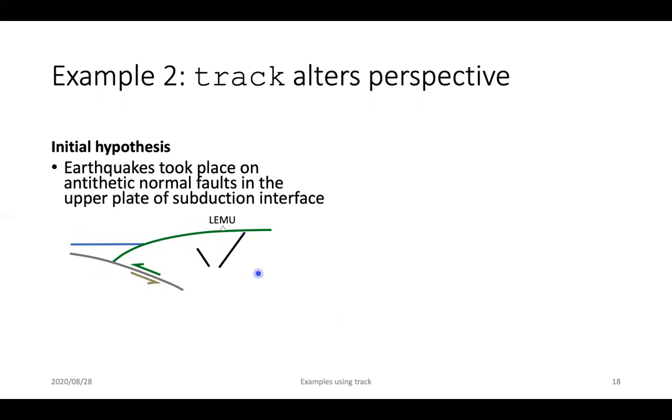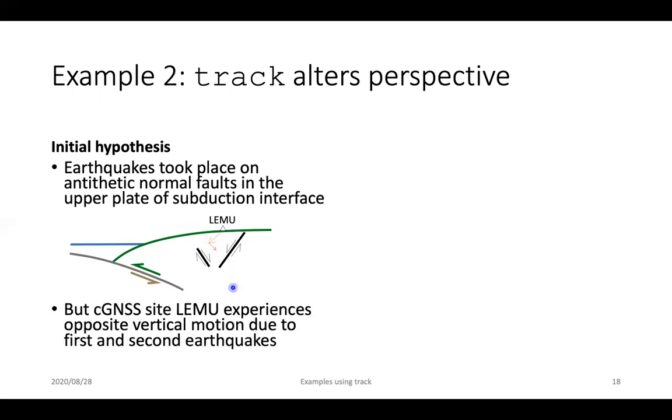And so during the first aftershock, where LEMU was on the hanging wall of the fault plane, it moves down and to the west. And then in the second earthquake, again, we're on the hanging wall. And so again, LEMU would be predicted to move down and east.